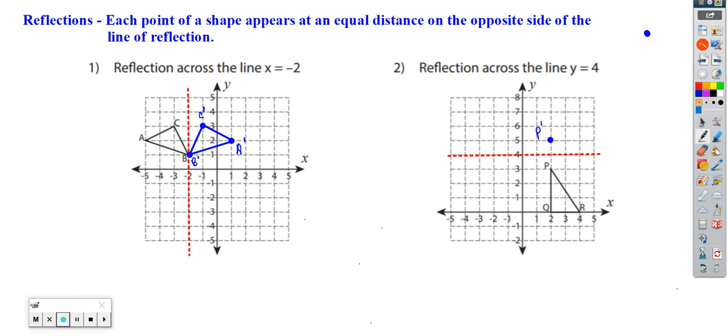P prime. Okay, I've got Q down here. It is 1, 2, 3, 4 units away. On the opposite side, I will just count 1, 2, 3, 4 units away, and there is Q prime. And R is the same distance as Q is, but over by 2, and there is my R prime.